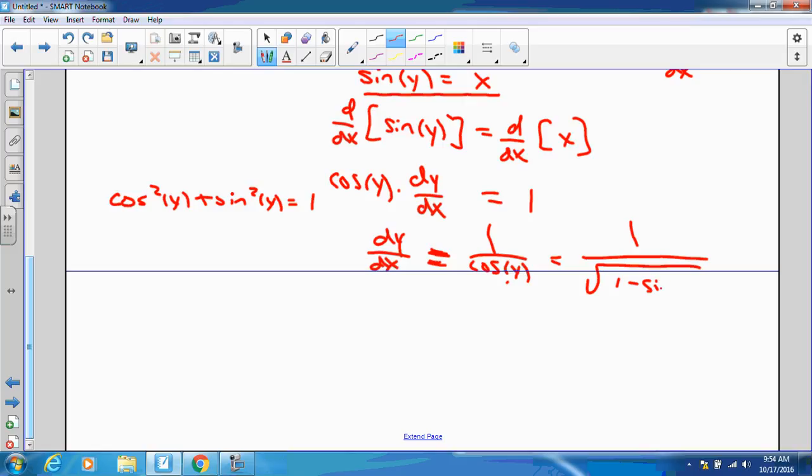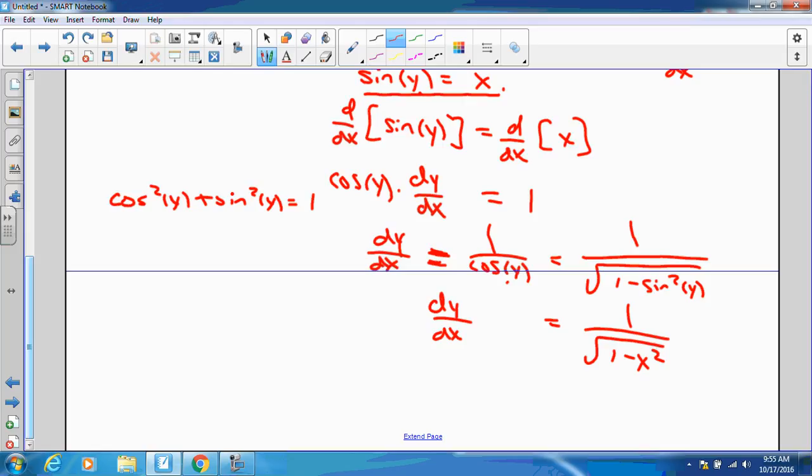That means that the cosine of y is the square root of 1 minus sine squared y, and sine y is x. So when the dust settles, I have a very lovely relationship for the derivative of the inverse sine, which is 1 over the square root of 1 minus x squared.